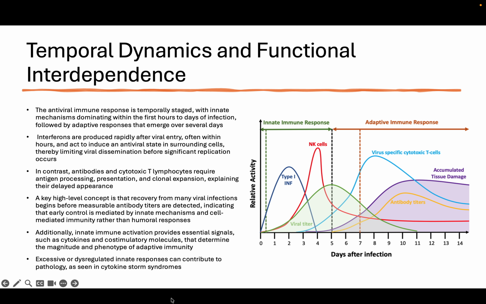You get something called cytokine storm syndromes. These are literally a storm of cytokines that, other than shaping your adaptive immune response, cause a lot of damage to your surrounding cells, and this can be extremely dangerous. A prime example of this is Ebola. If you get infected with Ebola, this can be really detrimental to your body.